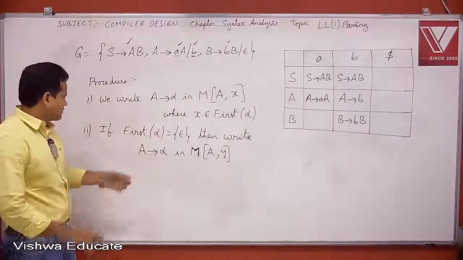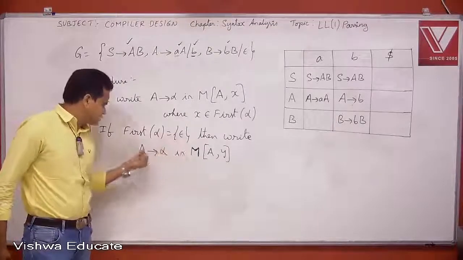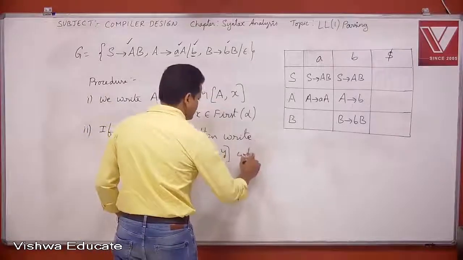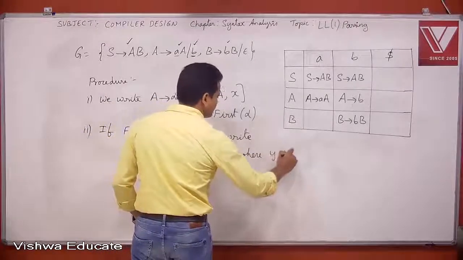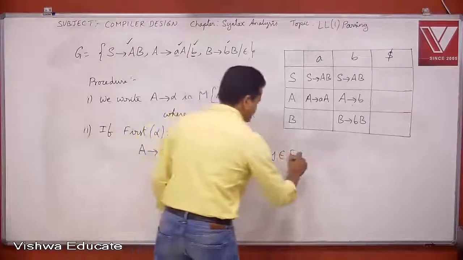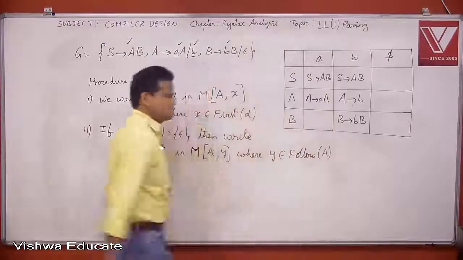If first of alpha is epsilon, write this production in Ath row, yth column, where y is follow of A.